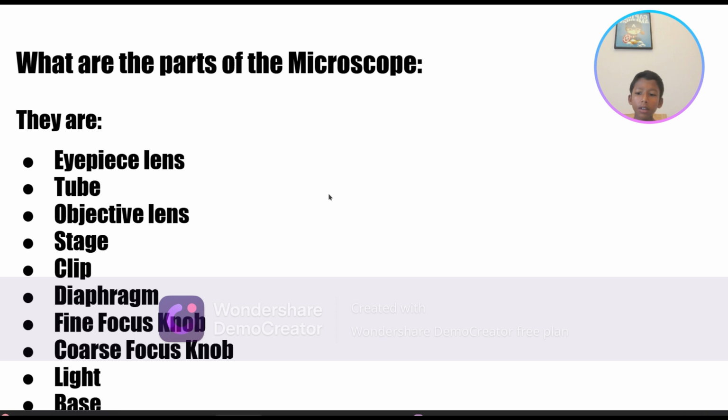The light, that's the best part. Not actually the best part, it is an important part. If we don't have the light, there's no way we can see the cells and different kinds of materials. And the base is the one which holds the microscope in shape.